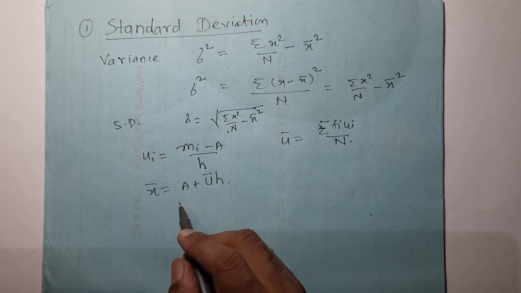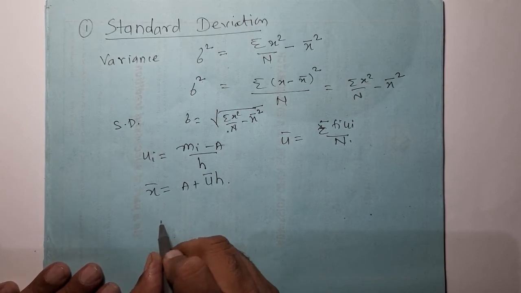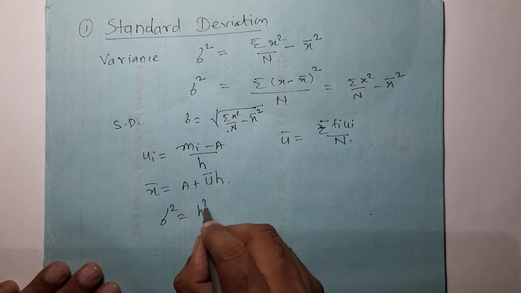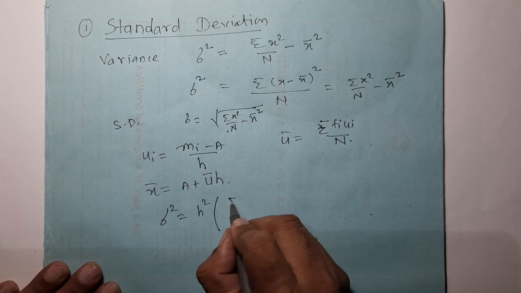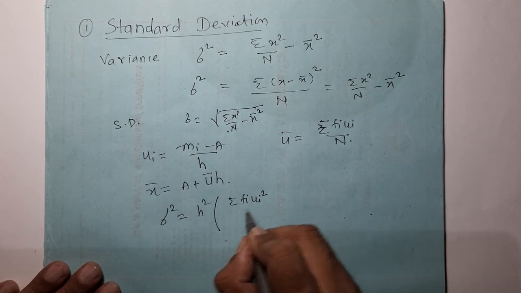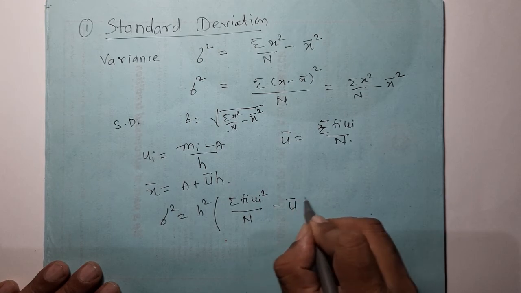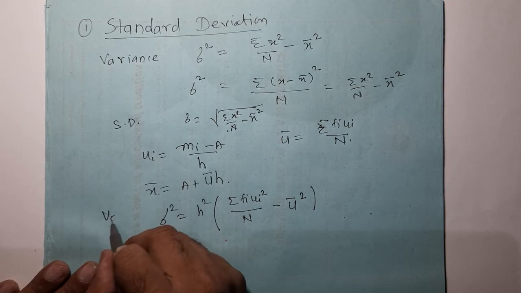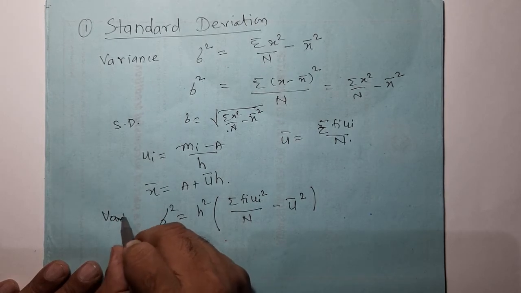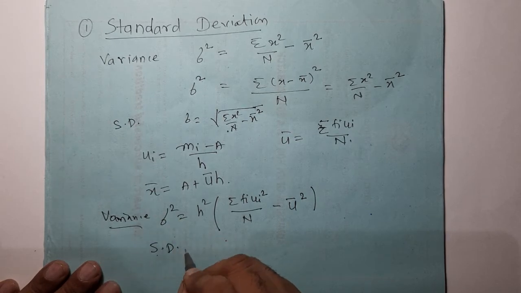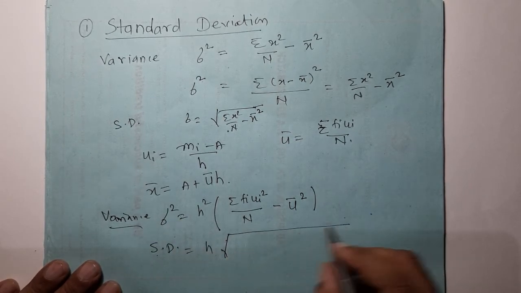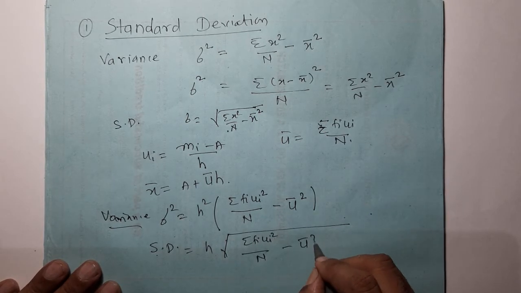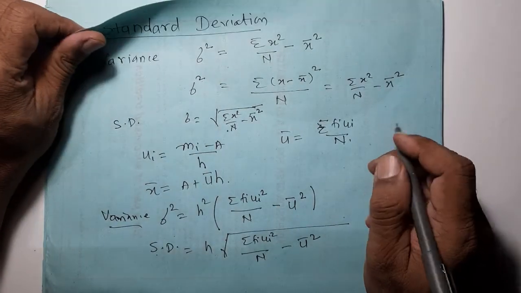Next, we can say standard deviation square, which is called variance, is equal to h square into bracket sigma fi ui square by n minus u bar square, and standard deviation is equal to h times the square root of sigma fi ui square by n minus u bar square. It is the formula for standard deviation.